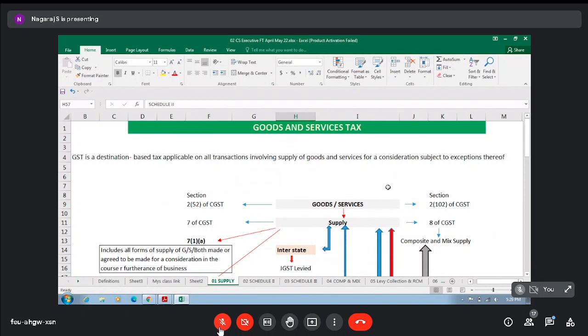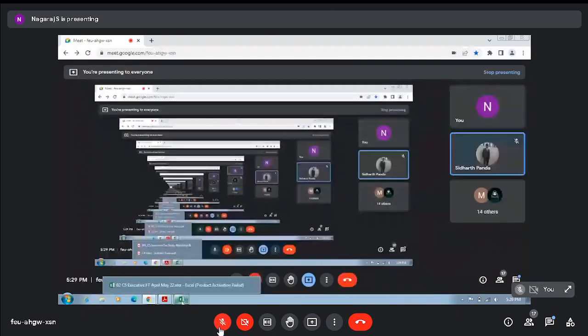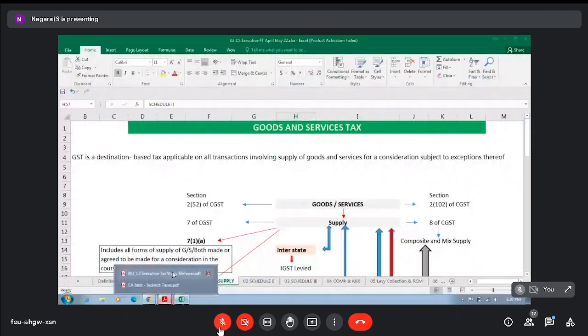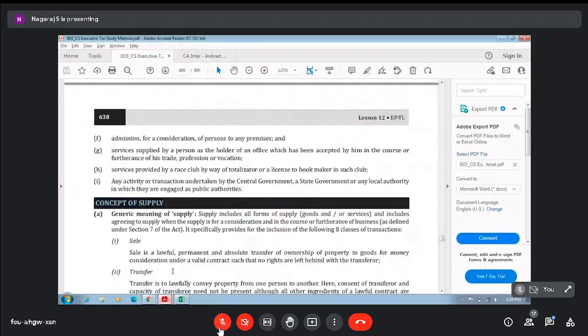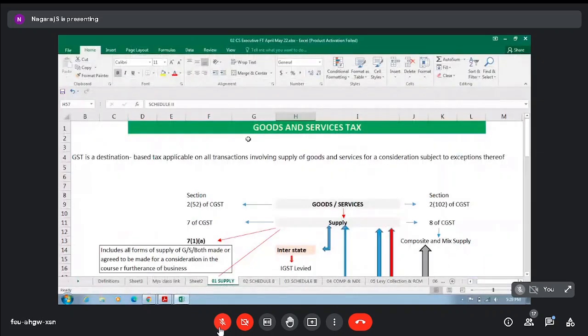Now the main concept of GST, the entire GST is depending on this word. What is that word? Supply. Are you guys able to hear me? Yes, sir, loud and clear. Okay. Now the entire GST is depending on this word supply. Section 7.